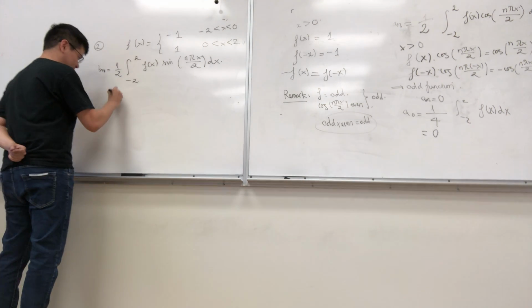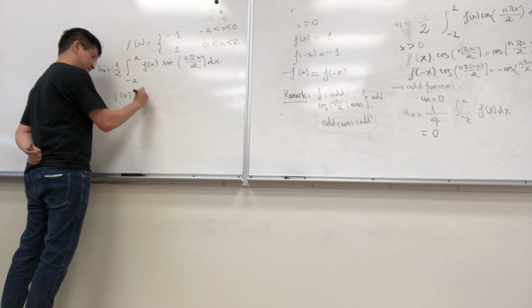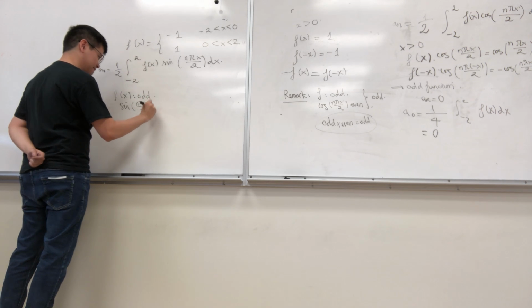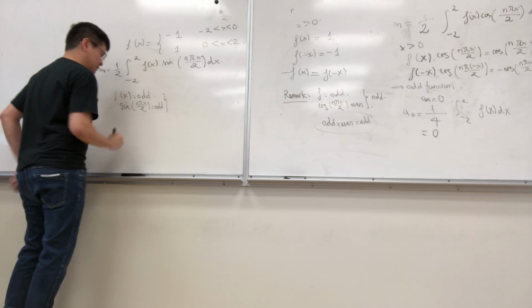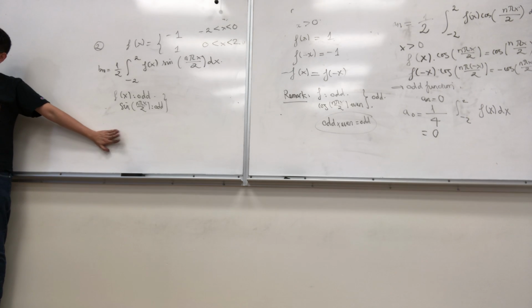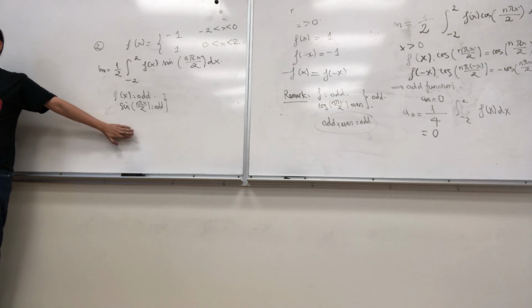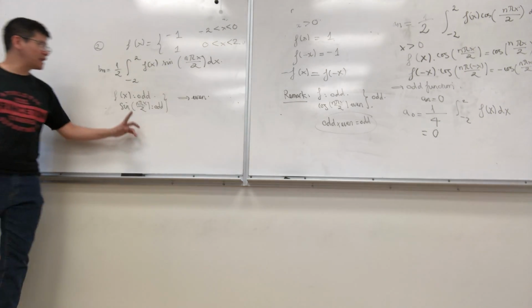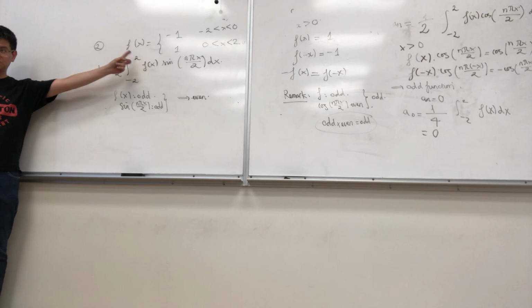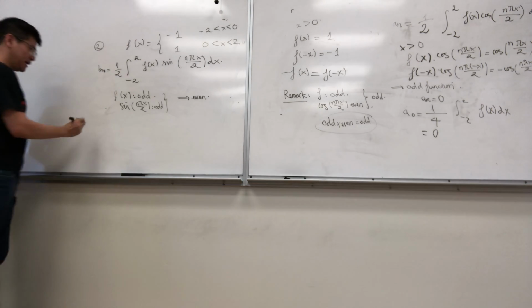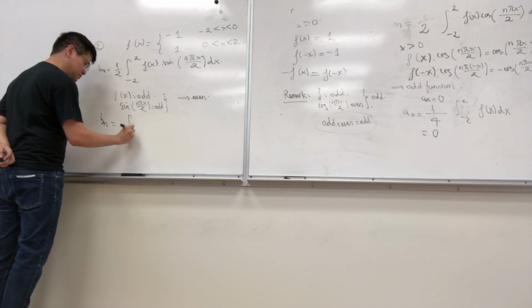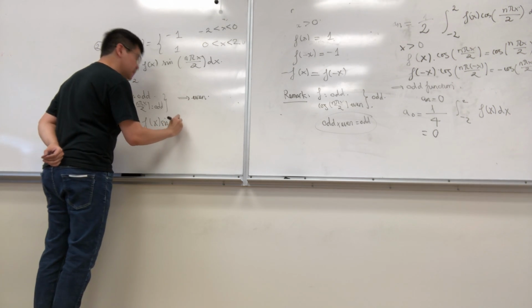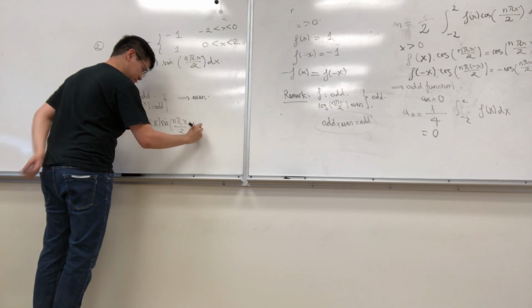So I can say that this is even, which means that I only need to compute from 0 to 2. So b_n will be the integral from 0 to 2 of f(x) sine of n pi x over 2 dx.